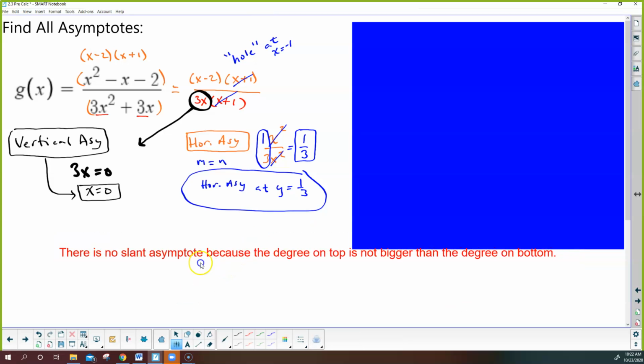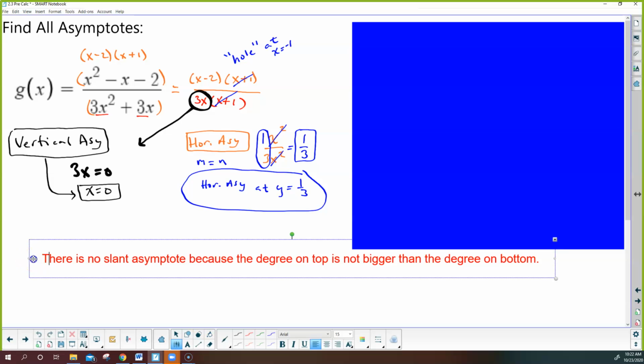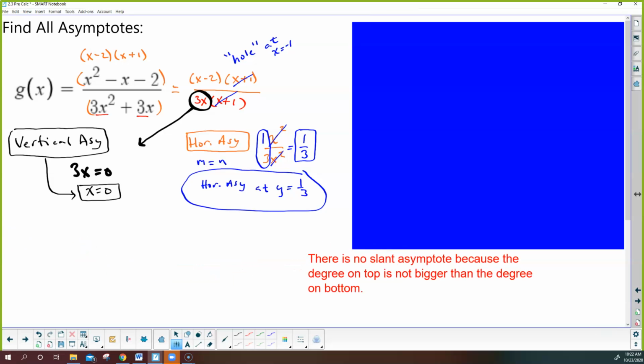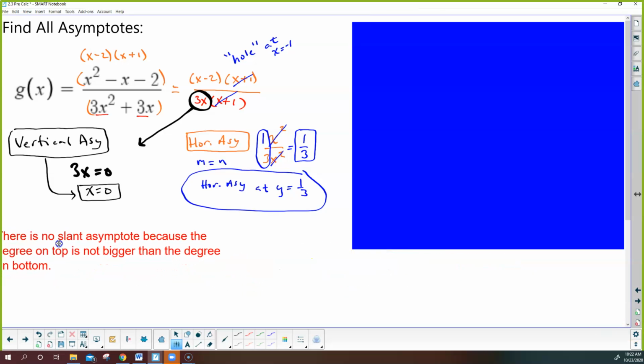If you want to use really appropriate math terms, you would say the degree of the numerator is not larger than the degree of the denominator. But so notice when you do have a horizontal asymptote, that means that the end behavior is already behaving in a way that we know is a horizontal asymptote, which means we do not have to check the slant asymptote.